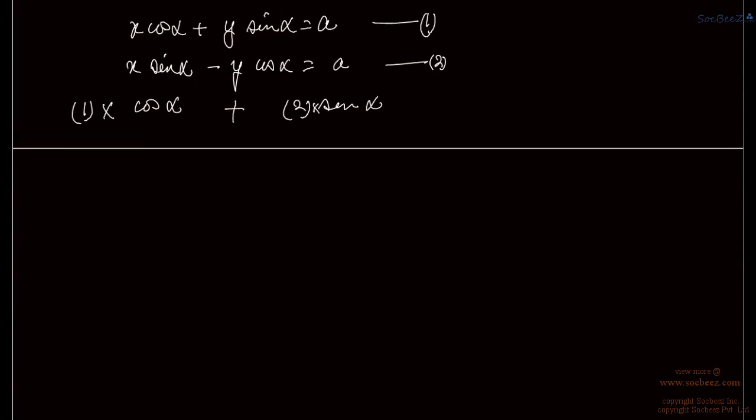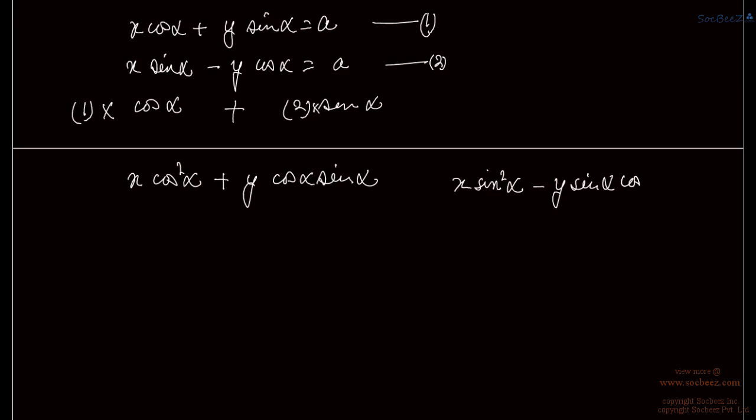Let us see what we will be getting. We will be getting x cos square alpha plus y cos alpha sin alpha in the left hand side from equation 1, and from equation 2, x sin square alpha minus y sin alpha cos alpha, after multiplying and then adding both equations.